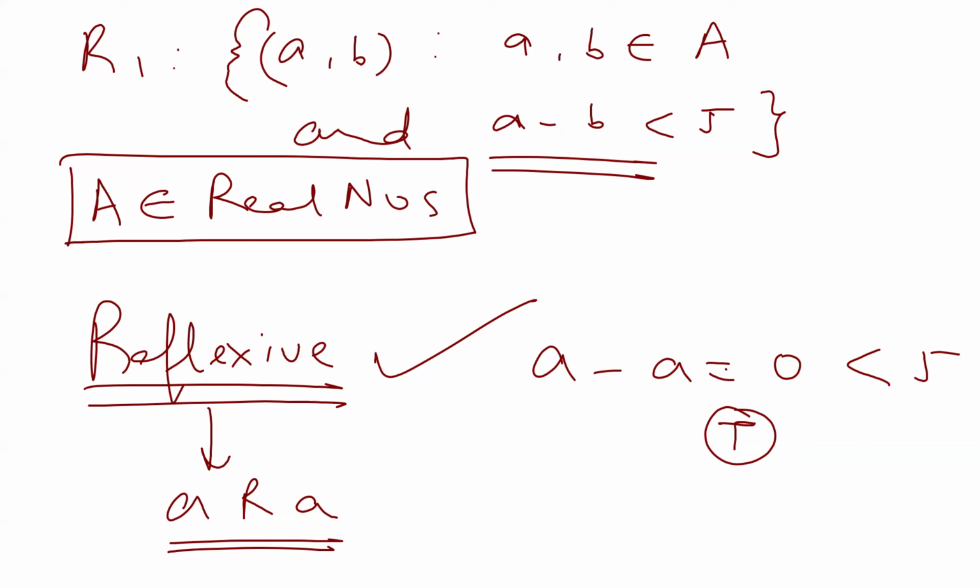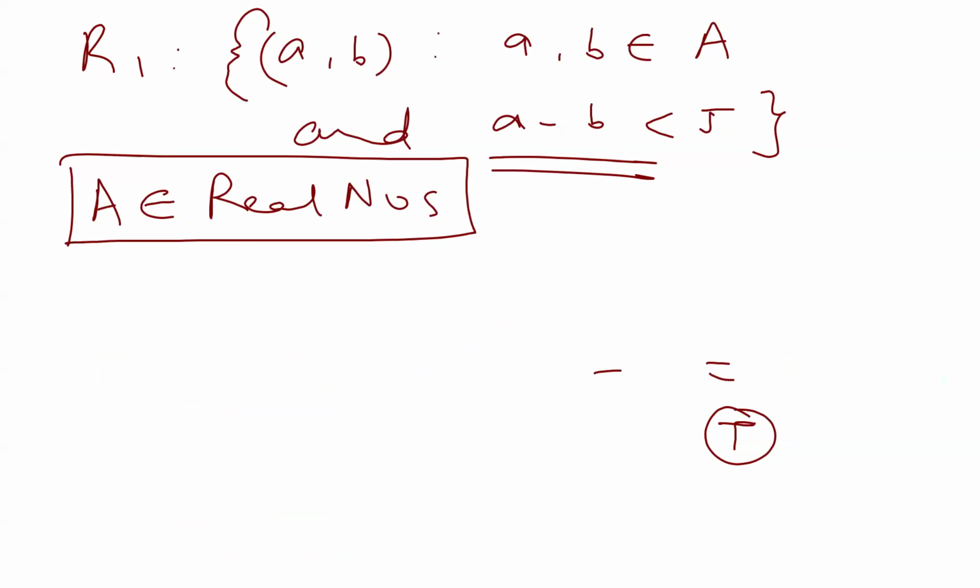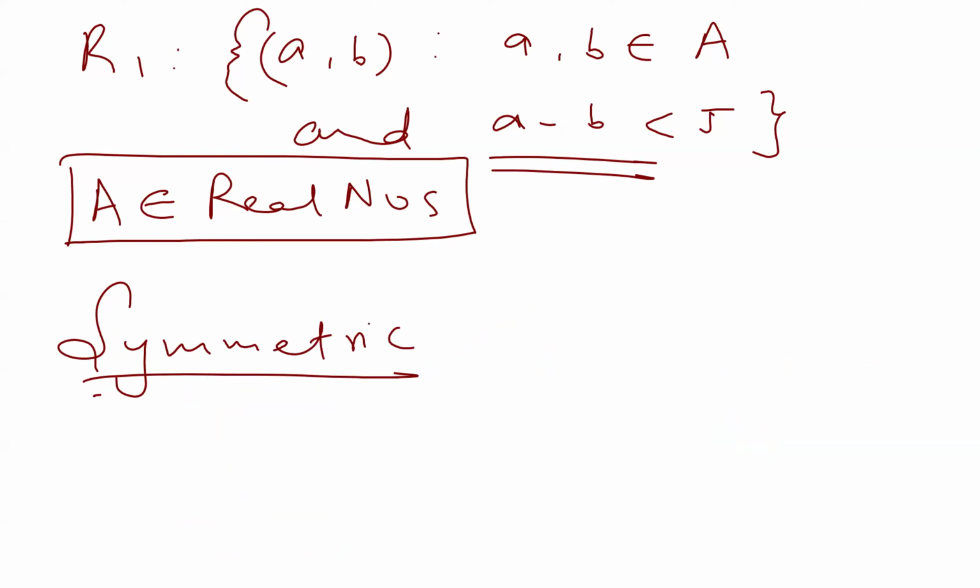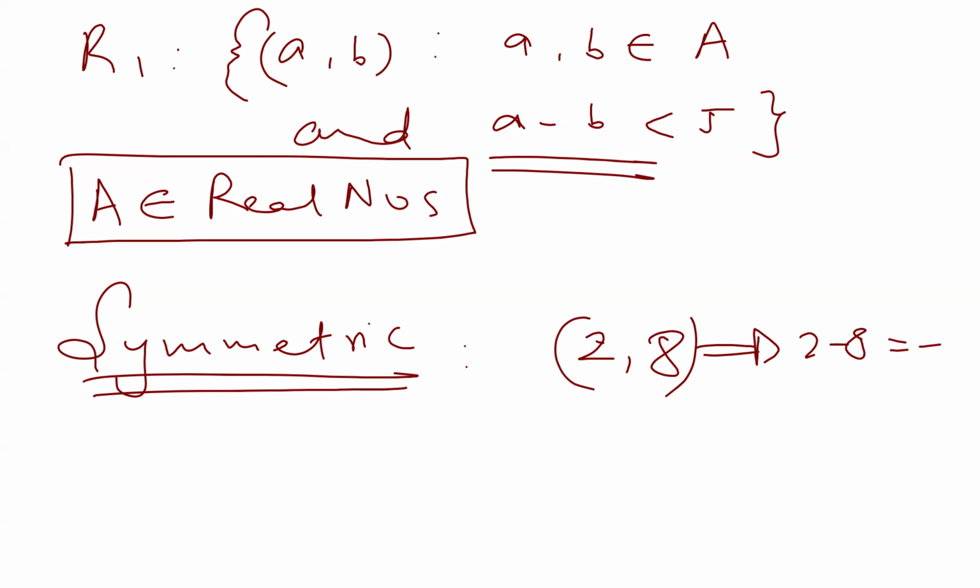Okay, let's understand symmetric. Let's take an example which is true. 2 comma, let's say, 8. (2, 8) implies 2 minus 8, which is equal to minus 6.